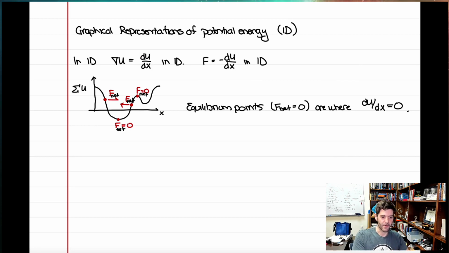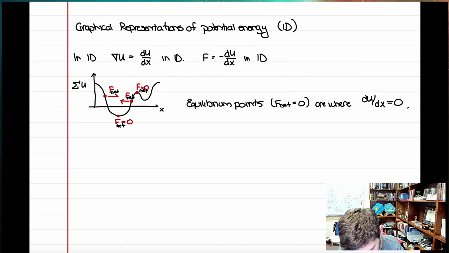Well, that's exactly what this valley and peak that I drew on the potential energy diagrams correspond to. This is a region of stability, or an equilibrium point of stability, and this is an unstable equilibrium point.